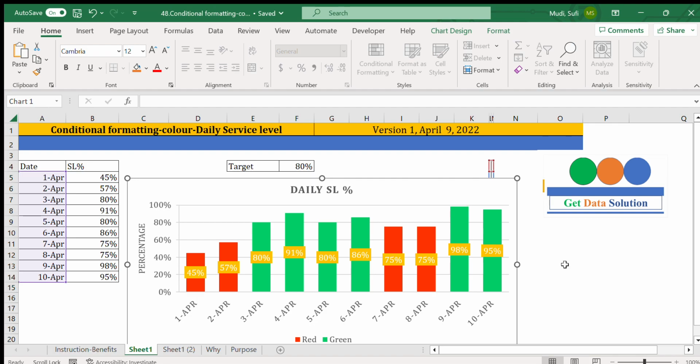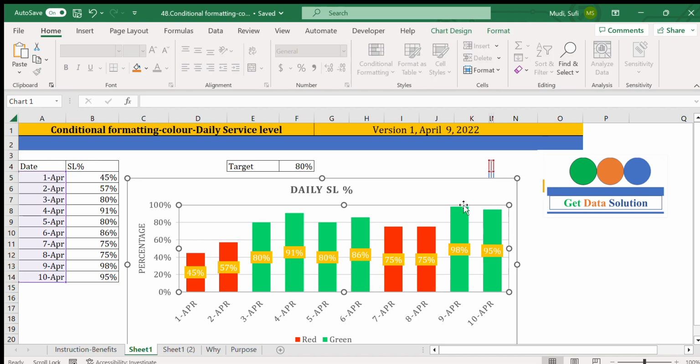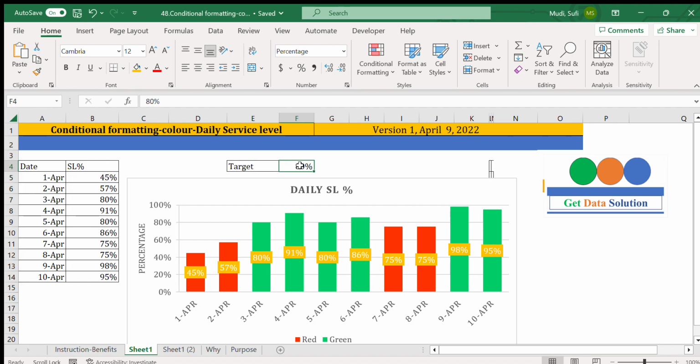It will actually generate the percentage on the chart, and it also displays the performance of every day against the target, so that you can judge for example weekly basis or monthly basis performance.